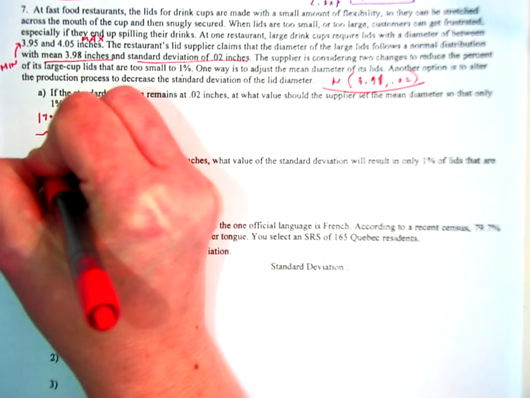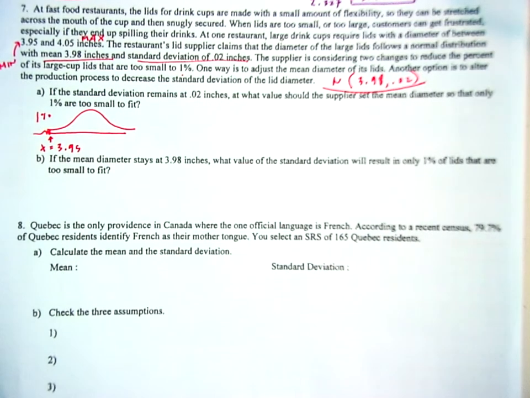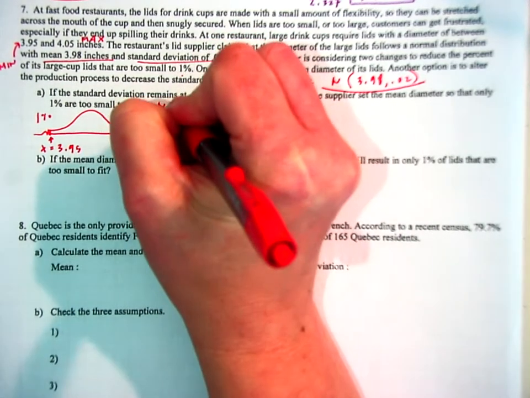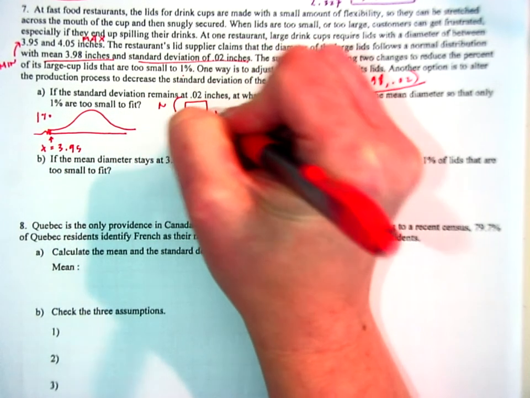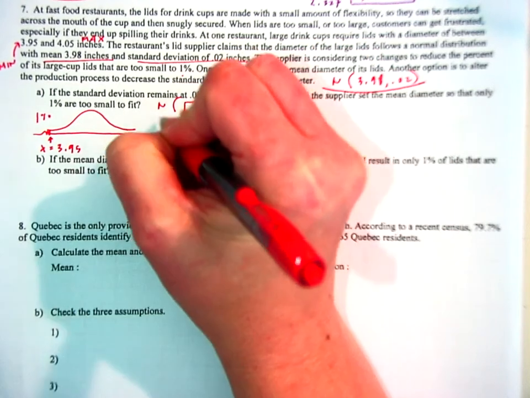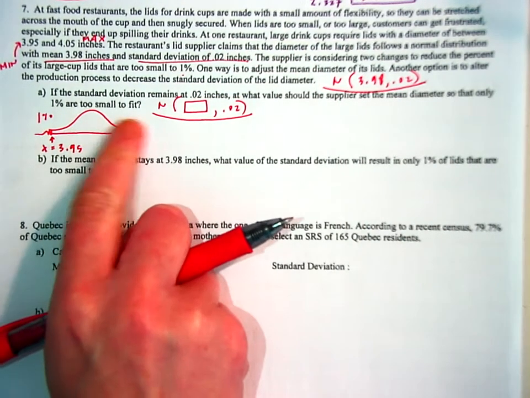So x equals 3.95. Here my situation is asking, what would our mean have to be, with our standard deviation staying the same, so that only 1% are too small to fit?